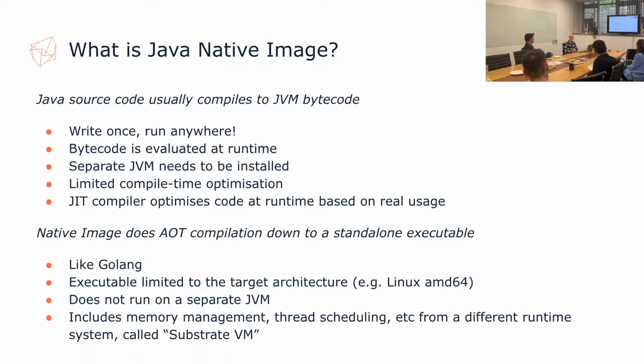So you don't have to install a JVM anyway. And it's got different memory management, thread processing, garbage collection and stuff. They call this substrate VM. I'm not sure why, but from an application point of view, it kind of looks the same, but the way it runs is completely different.